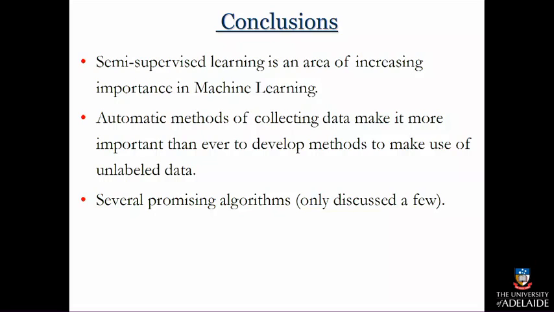Which makes unsupervised learning and semi-supervised learning even more important. There are quite a few semi-supervised learning methods in the literature, and in this lecture, we only cover a few.